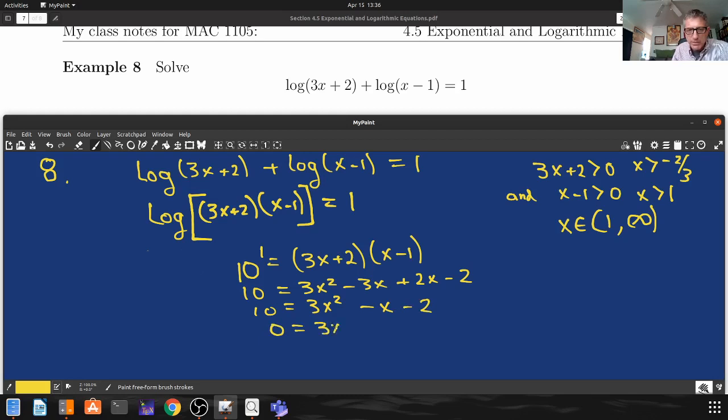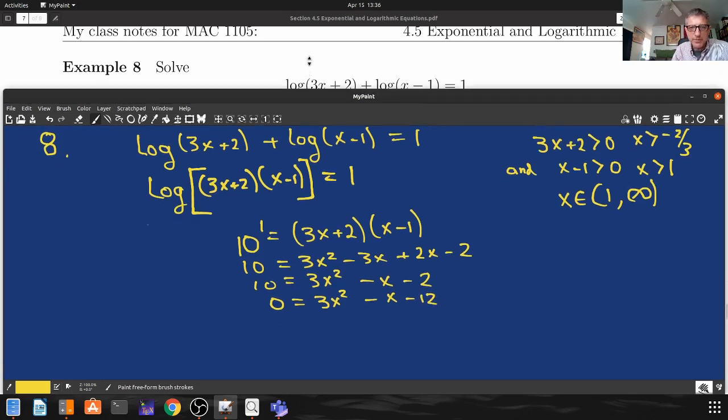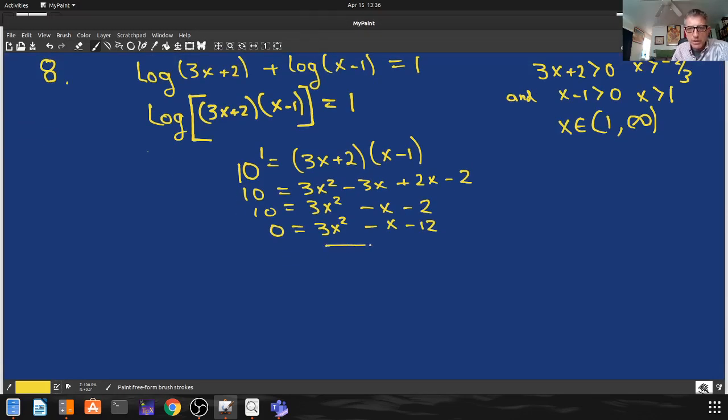So it gives me 3x squared minus x minus 12 is equal to 0. So you can try to factor that, and it turns out that this is prime. It doesn't have a factorization. But we can still solve it. We can solve the equation by using the quadratic equation.